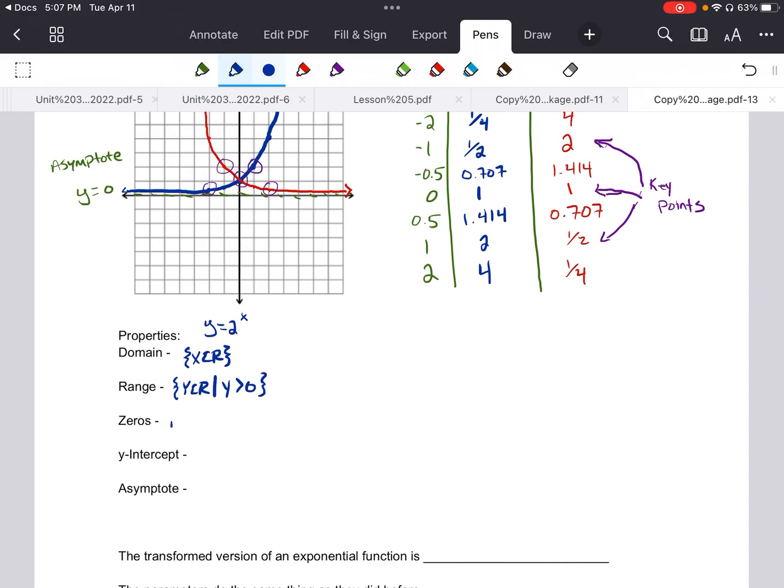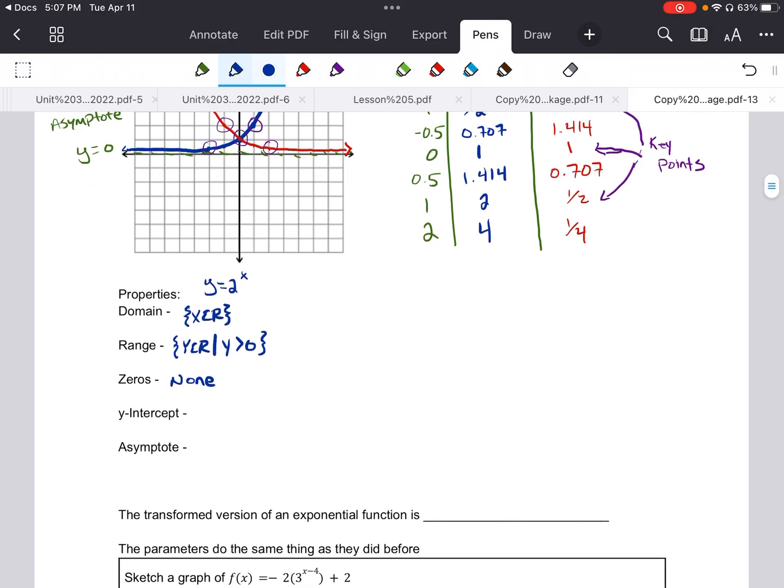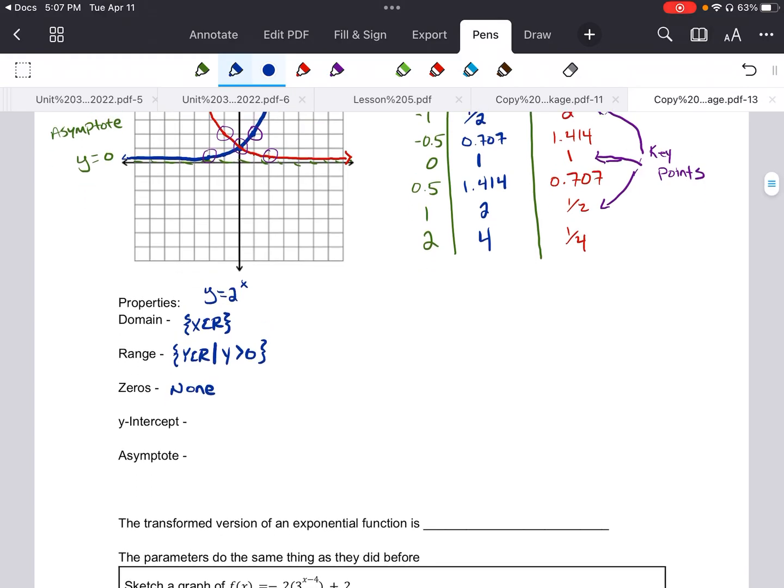The zeros: it never touches the x-axis, it's an asymptote, so there aren't any. There's one y-intercept, and that happens at (0, 1). And again, the asymptote is y cannot equal 0.